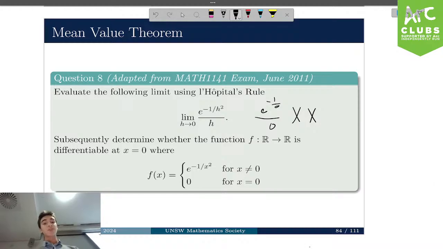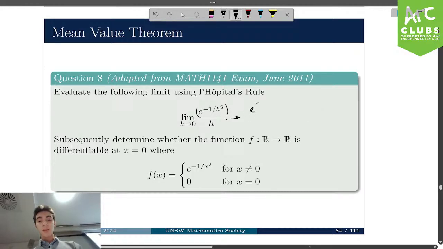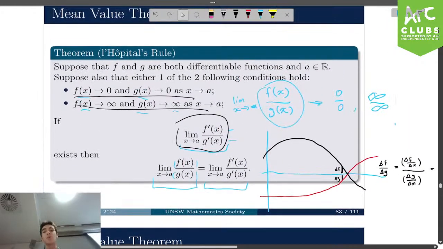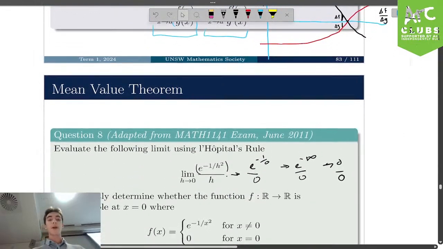The top part, as h goes to 0, goes to e to the minus 1 over 0, which is e to the minus infinity, which goes to 0, right? And obviously the bottom goes to 0. So we did satisfy one of our conditions, that both of them go to 0.